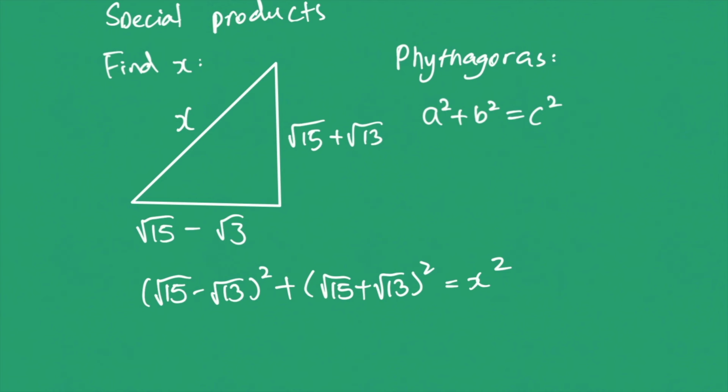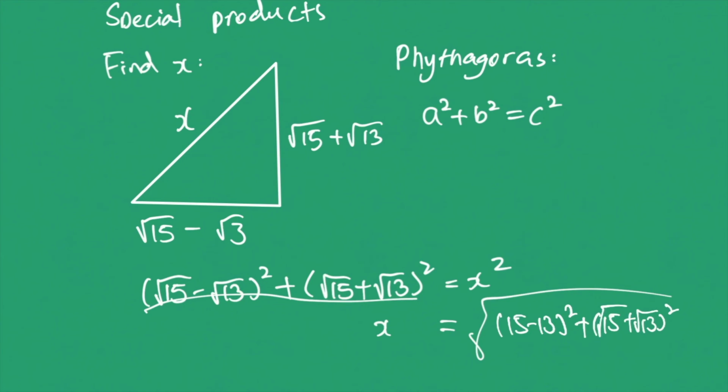Then we can take the square root of this whole formula, which is x equals the square root of the whole thing.